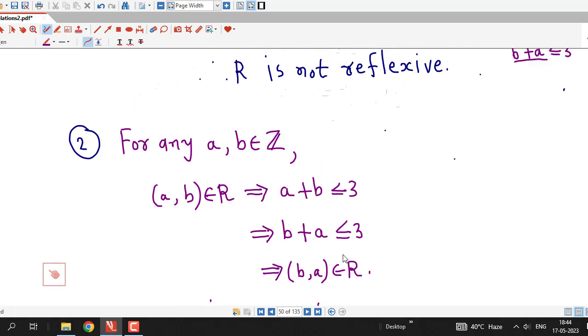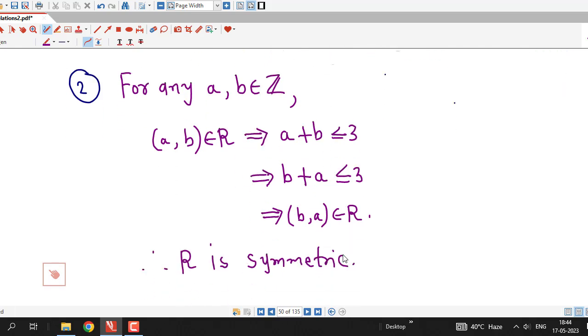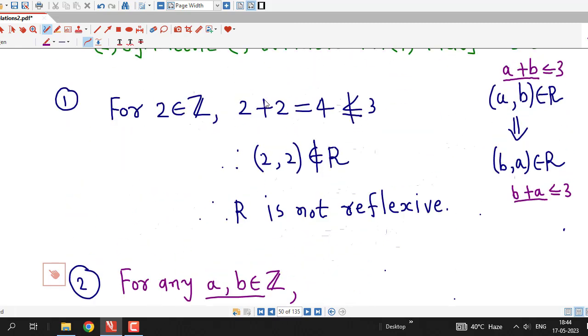If our relation satisfies a particular property, then we have to prove that property for arbitrary elements in the given set, and if the relation does not satisfy a particular property, then we have to give a counterexample. We have to find a particular element in the given set for which that property is not satisfied.